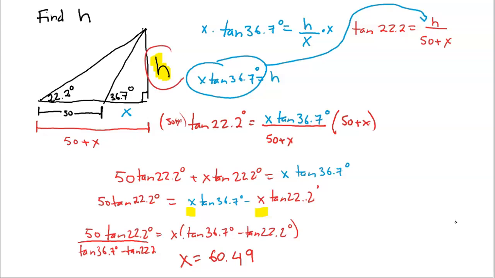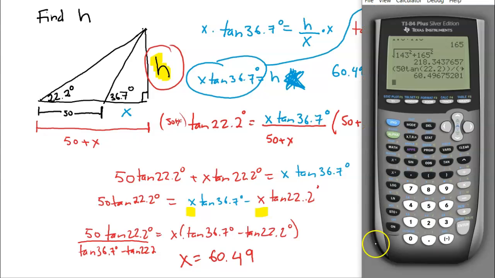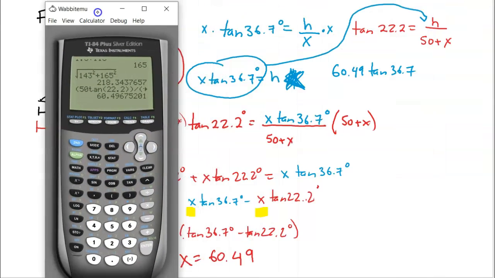But I don't want to find x. What I want to find is h. But the great news is I can come up here and use this to find my h. So I'll say that this is 60.49 times my tangent of 36.7. Let me move it out of the way so we can still see what we're doing.